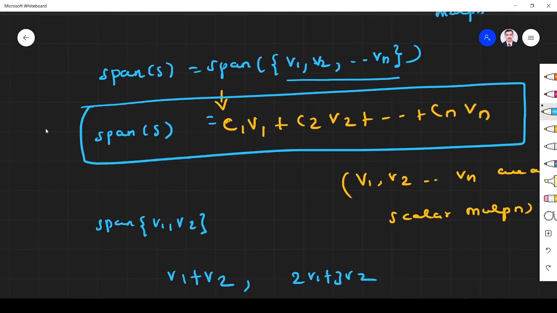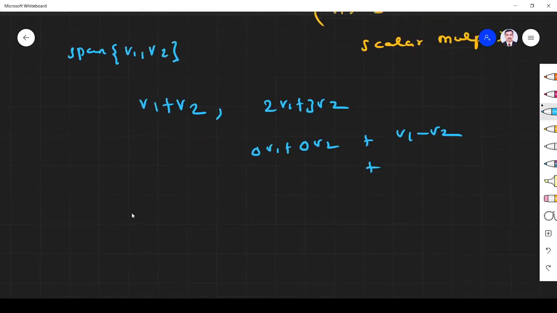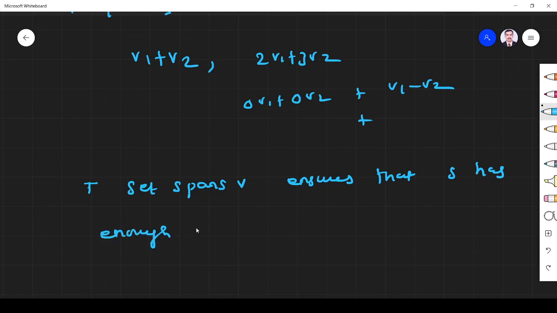The span of a vector space ensures that, for example, the set S spans V, ensures that S has enough material, enough vectors to build V. That's what I told, right?